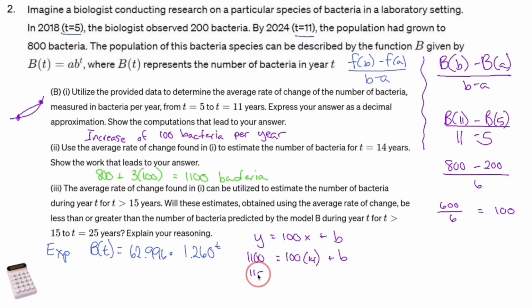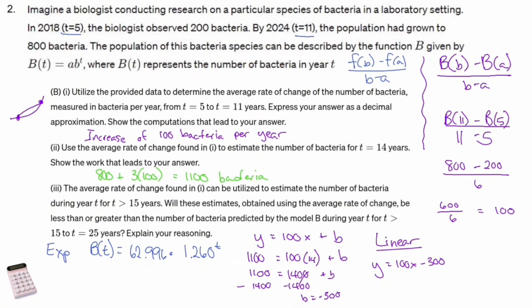So 1010 equals 1400 plus b, minus 1400 from both sides, b is equal to negative 300. So the linear equation that I get that is supposed to do a good job predicting data after 15 years is going to be y equals 100x minus 300.